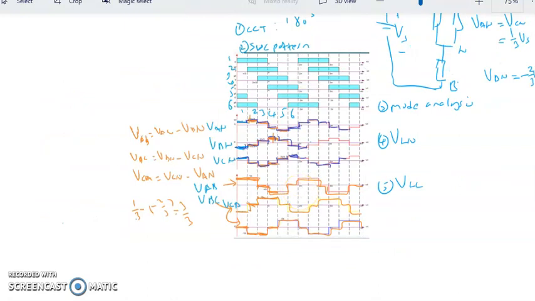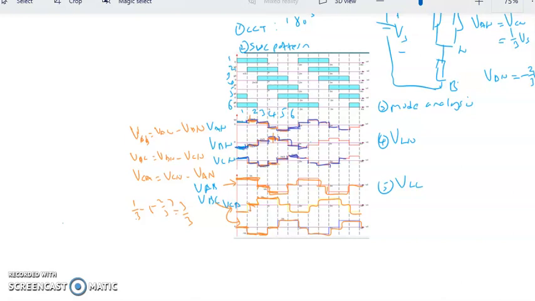So what you have to do is draw the circuit so that we are able to indicate which switch is placed at which part. Then we draw the switching pattern, which is shifted 60 degrees from each other. So for switching pattern 1 up to 6, then we assign them in terms of their mode analysis.